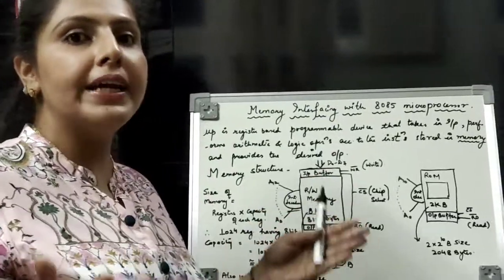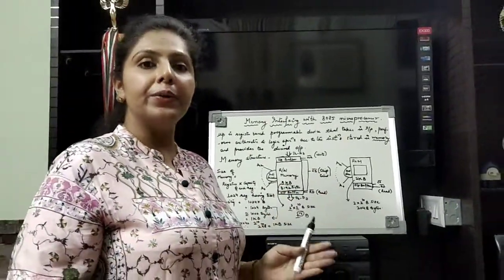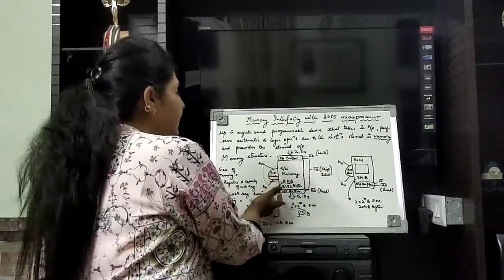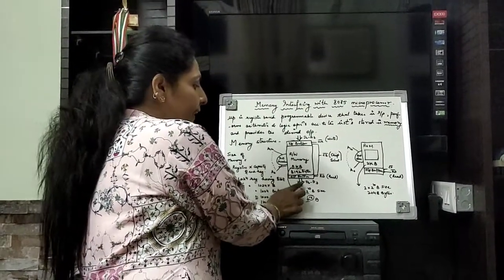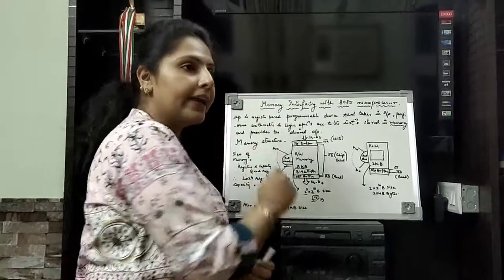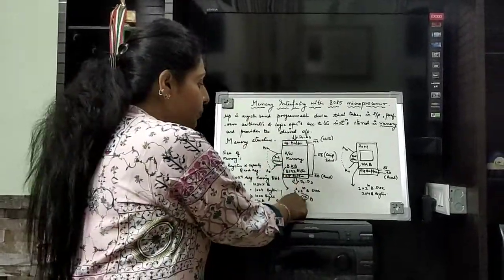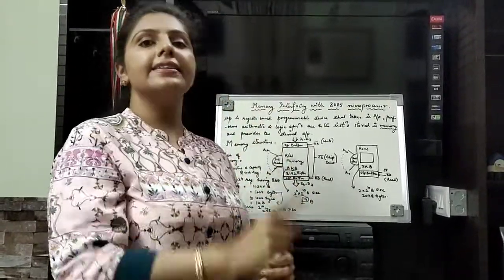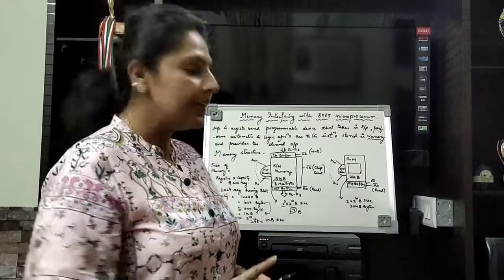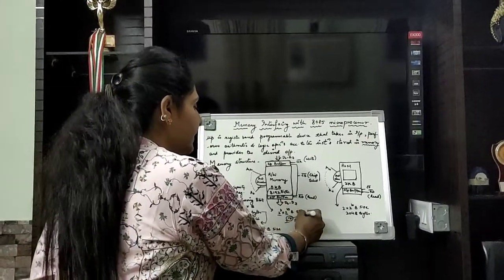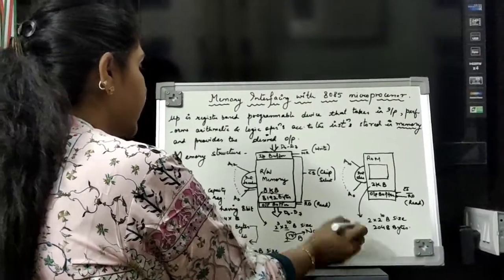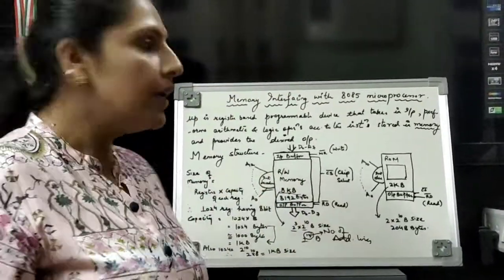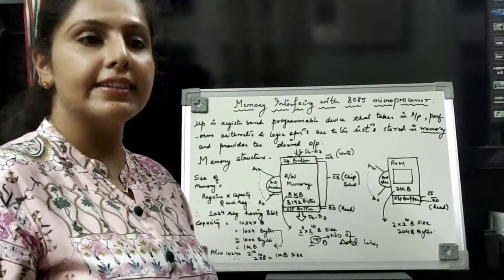Now how to make those 8192 addresses? These are made by using 2 raised to power 3 multiplied by 2 raised to power 10. This is 2 raised to power 13. So 13 is the number of address lines that are being used here for addressing the different registers.